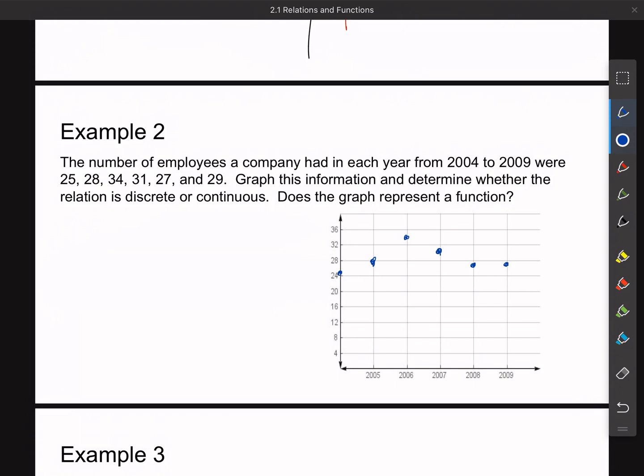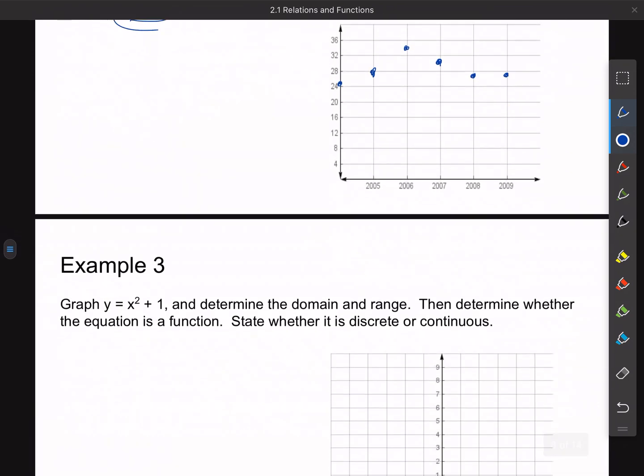But in order to put those points on the coordinate plane, we had to lift our pencil to get the various plots, right? So we're going to call this a discrete function because we're doing individual points. It does represent a function, yes, because it passes the vertical line test. So that's example 2.